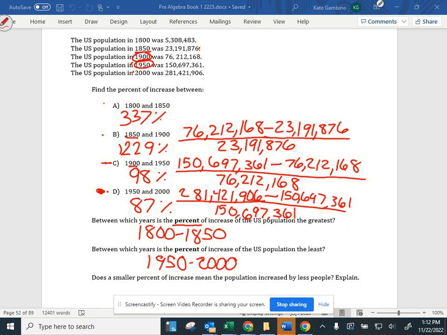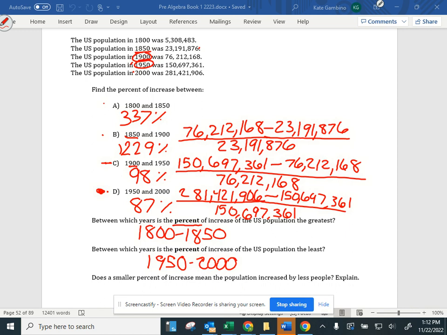Chance. Okay, does a smaller percent of increase mean the population increased by less people? What do you think, Chance? Well, I said not necessarily because it depends how big the first number is compared to the second. That's exactly it. It depends on what your original number was.